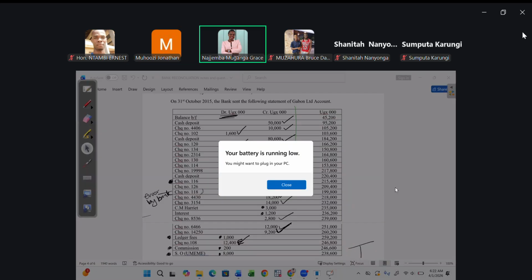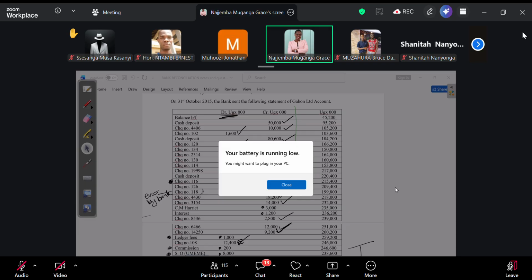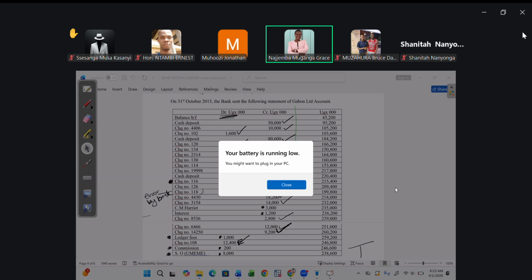They could say that, because we also have some errors that were made in the bank that we need to correct. You have seen that we are correcting more of the errors from the cash book, all other errors except those that were clearly stated.